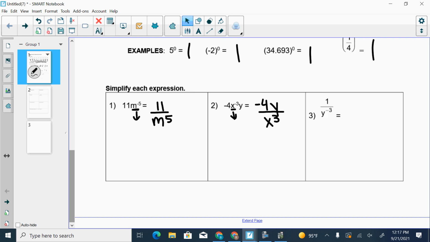Okay? All right, what should we do on number 3? Right. So then I would have y to the 3rd just there. Very good. You could put it over 1, but that's equivalent to just y to the 3rd, right? So you don't have to leave 1 at the bottom. Okay? All right, let's flip it over onto the back.